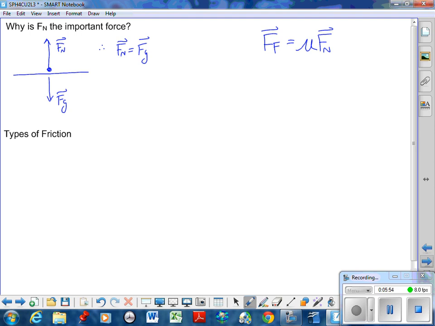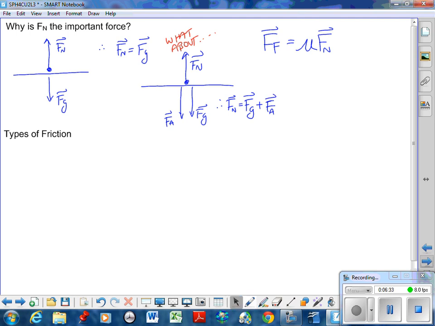Okay? Now, what happens if we have an object sitting on the ground, there's a force due to gravity, and now you're pushing down on it with some applied force? All right, what about that situation? So the normal force in this case is equal to gravity, but it's also equal to the applied force down.